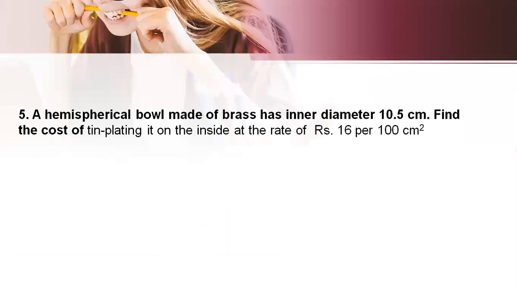Now coming to the problem 5, a hemispherical bowl made of brass has an inner diameter of 10.5 centimeters. We need to find the cost of tin plating it on the inner side at a rate of 16 per 100 centimeter square.